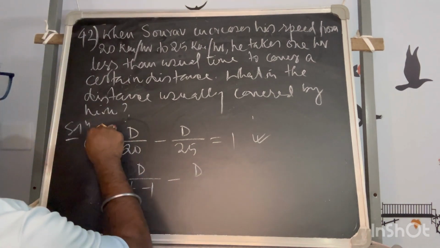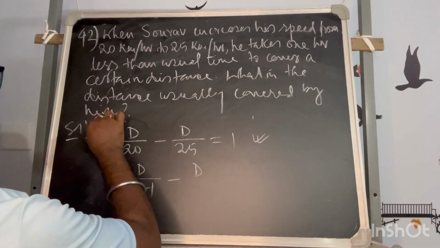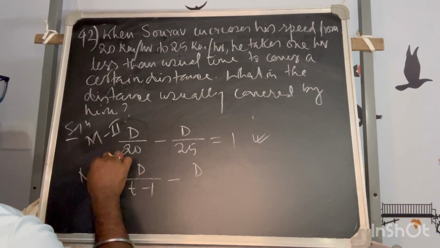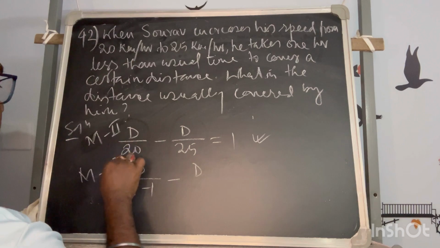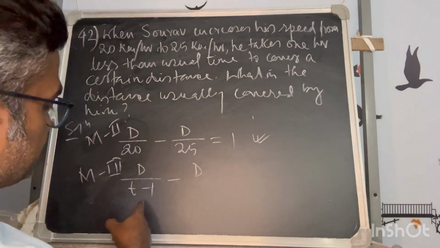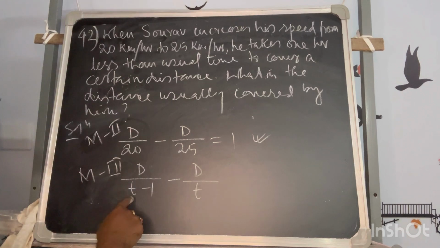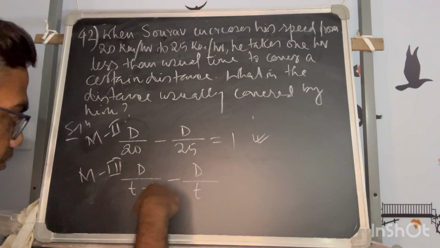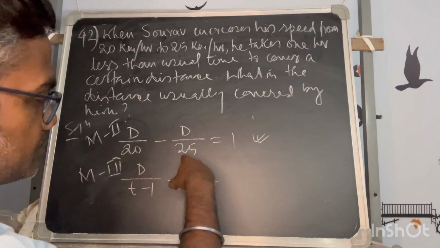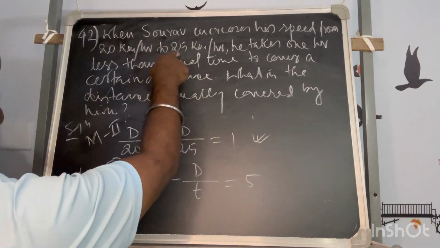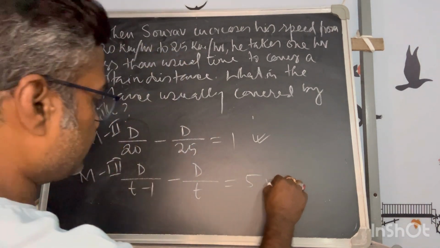This is method 2. Initially I showed method 1, this is method 3. Any of these you can use. So distance upon time: because the distance is the same and time is 1 hour less, the speed will be higher, and with the longer time the speed will be less. What is the difference? 5, because 20 to 25 is 5. So this also you can solve.